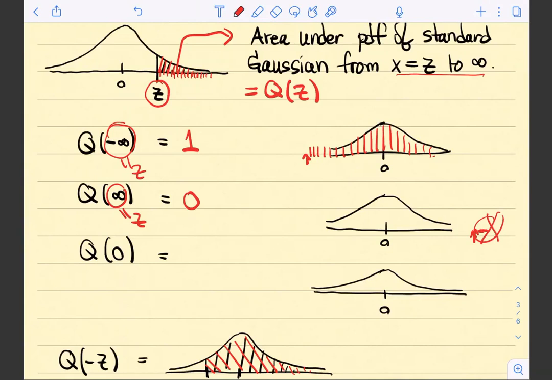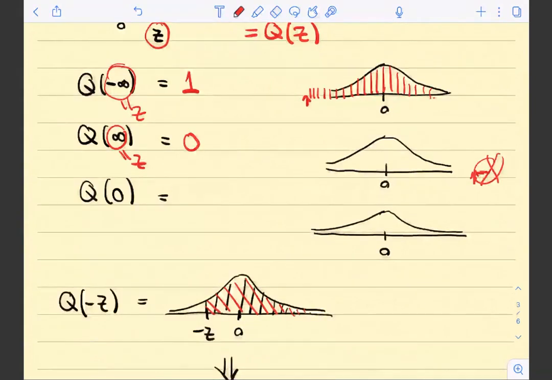Okay. What is Q of 0? Let me give you a hint. 0 is the z, right here. The Q function is what?